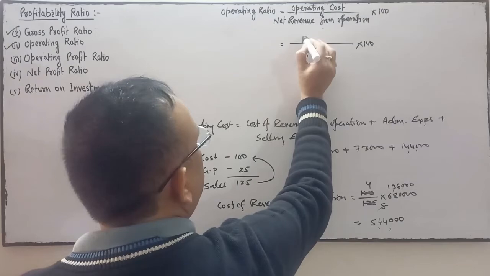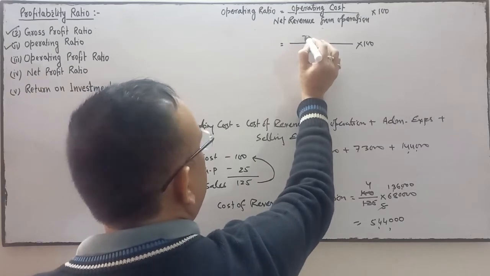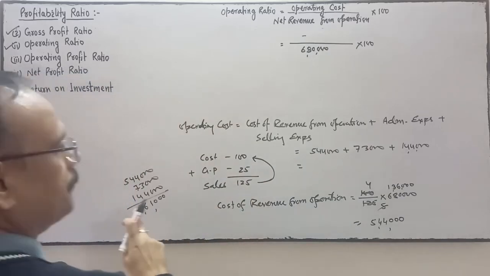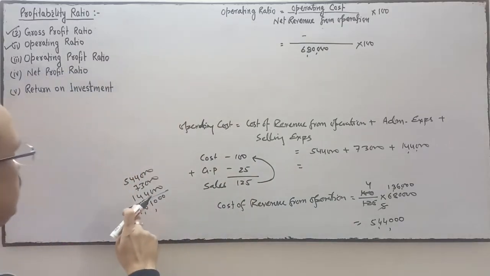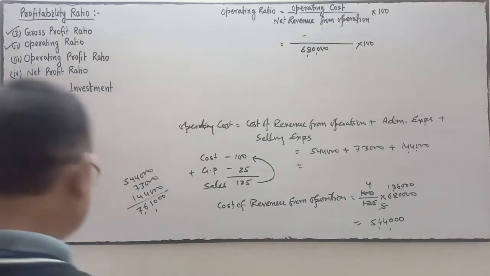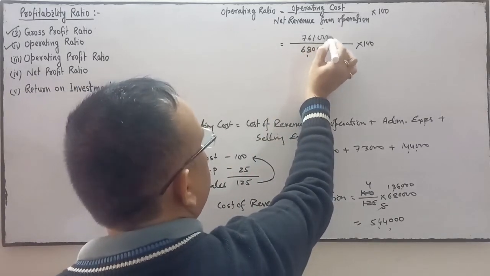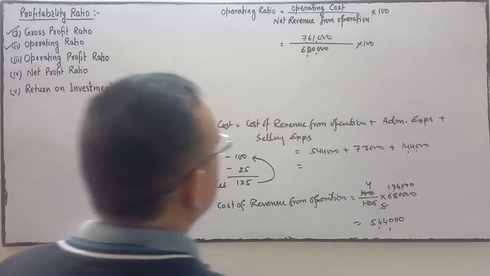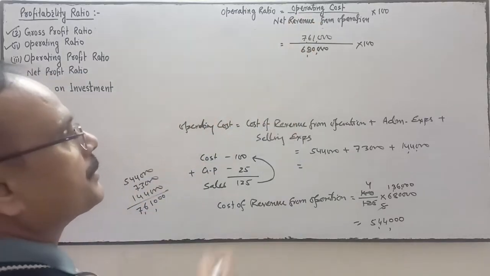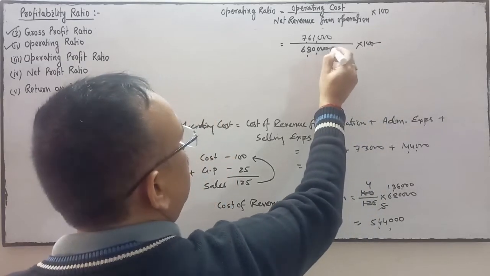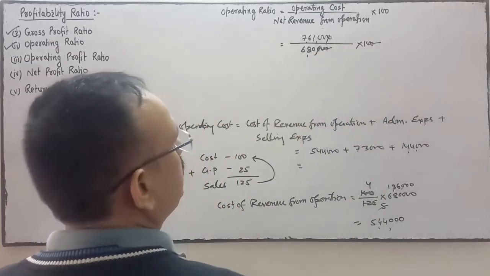It is 7 lakh 54, 1,44,000, 73, 7,61,000. Okay, which is more than the revenue from operation.